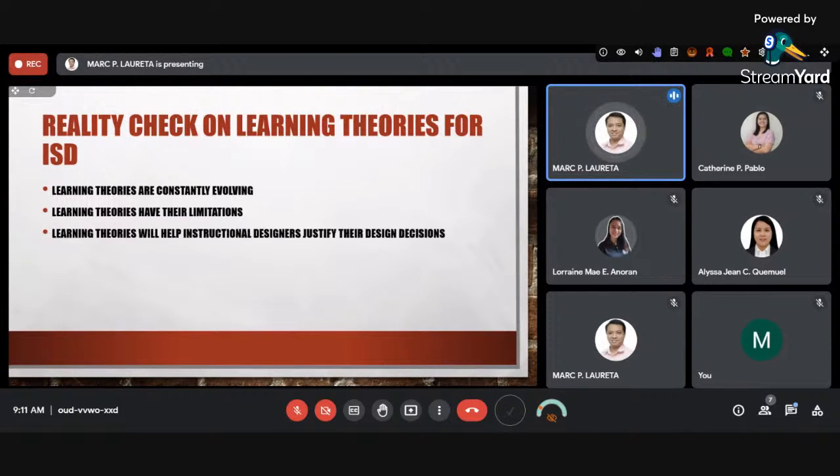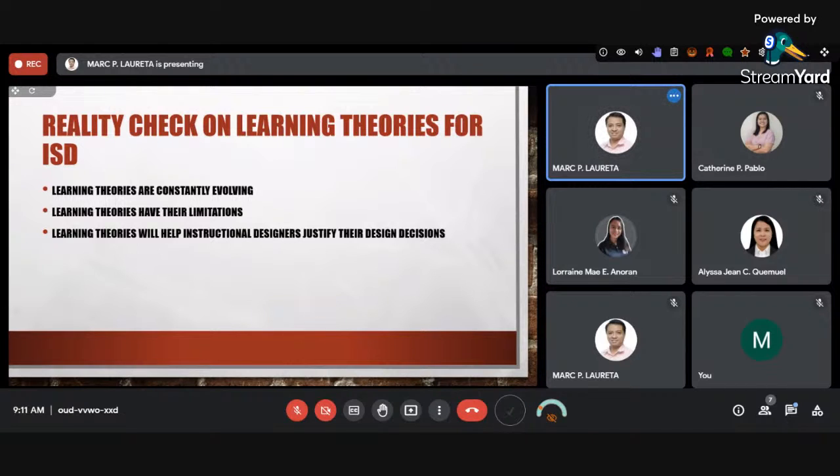Then we have the learning theories will help instructional designer justify their design decision. So it is important, especially when you are explaining why you choose certain design approaches over others to your client, to your learners, and learning theories will help you make the case.